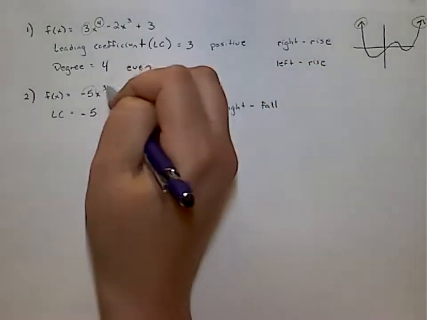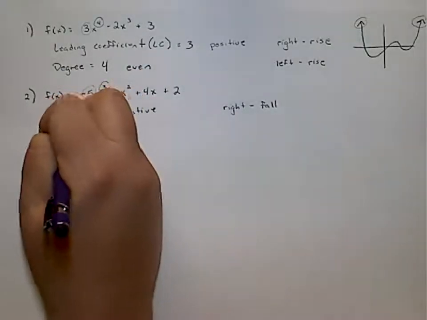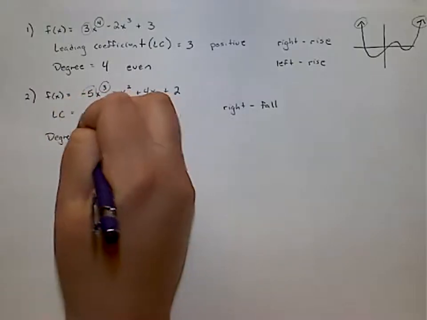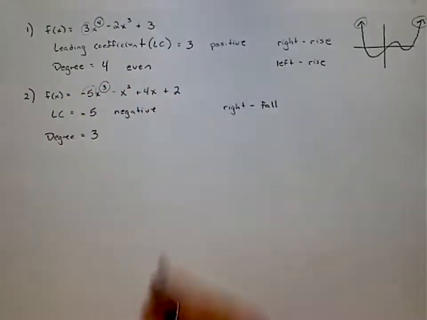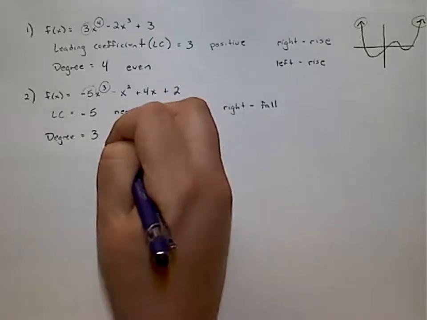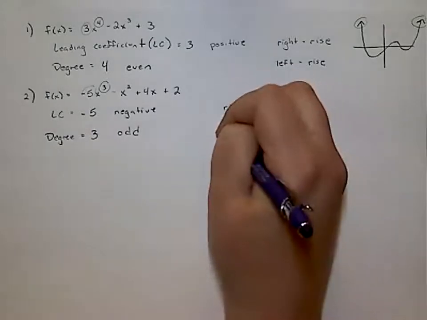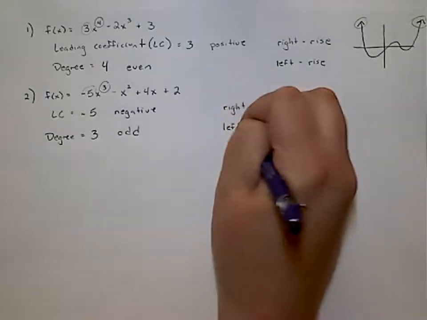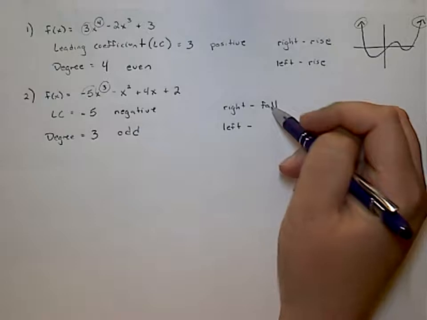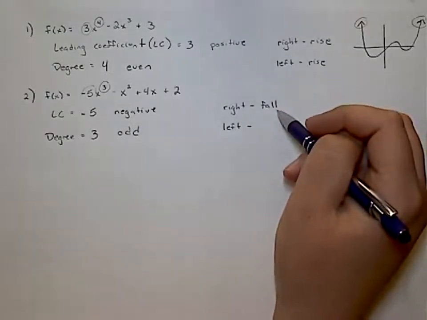Now we take a look at the degree. The degree is 3. So if the degree is 3, the only thing we worry about there, 3 is an odd number. So what does that mean? That means that the left side is going to do the opposite of the right side. So the right side falls, right?